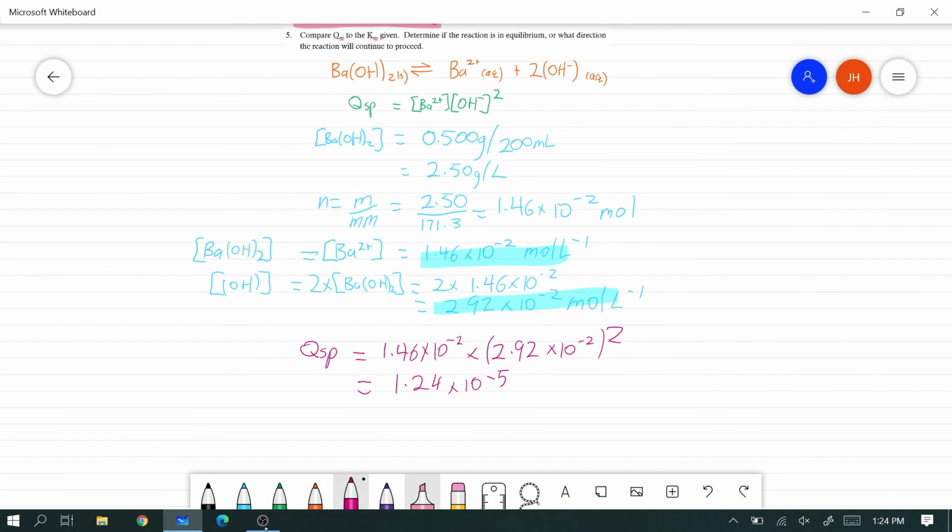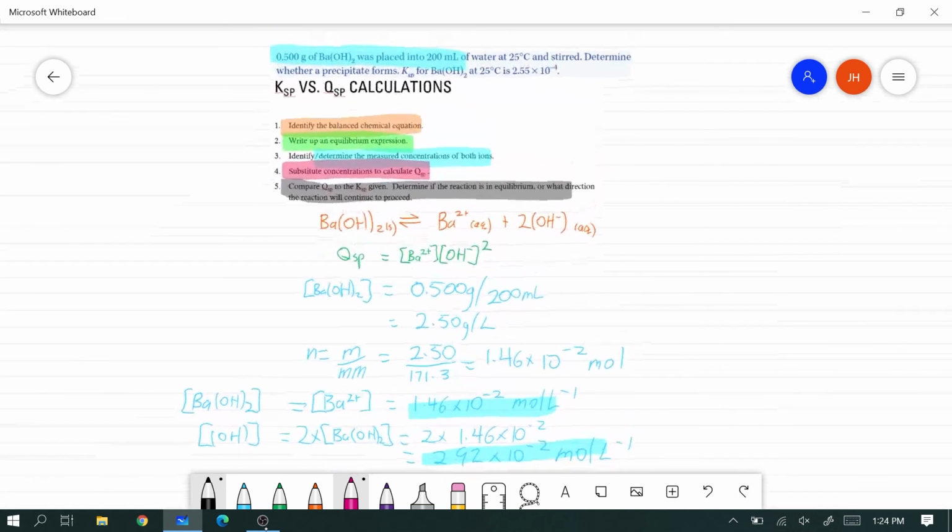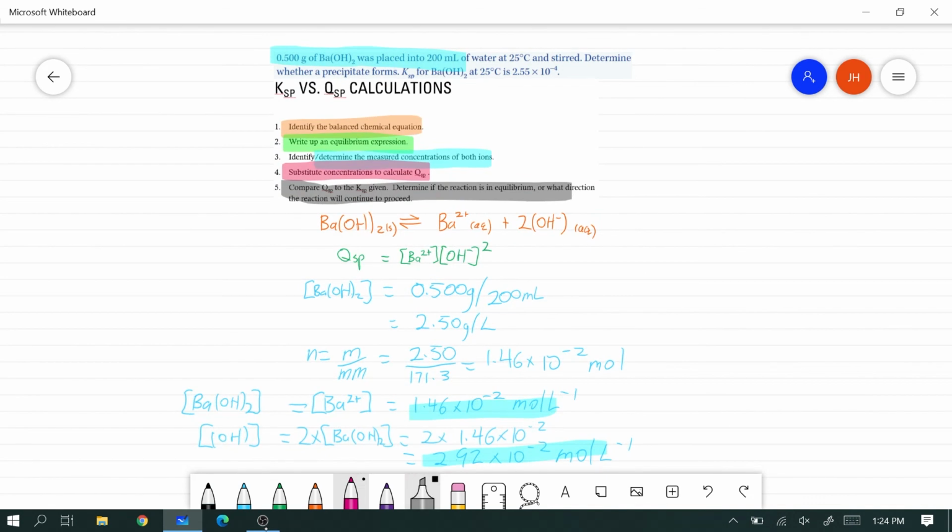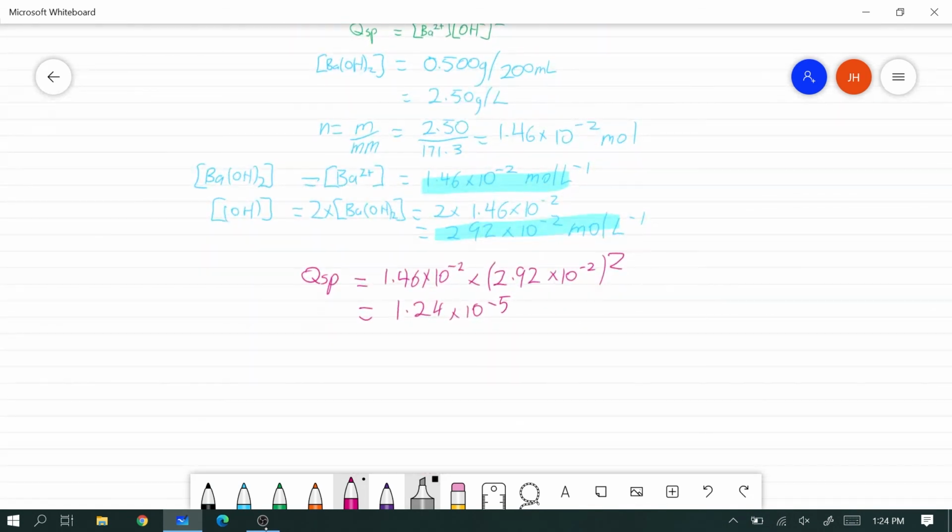Now, the last thing that we need to do, step number 5, is compare Qsp and Ksp. So I'm going to be doing that now. We've been told that Ksp up the top is equal to 2.55 times 10 to the negative 4. So we've got Qsp, and I'll also write Ksp, 2.55 times 10 to the negative 4.